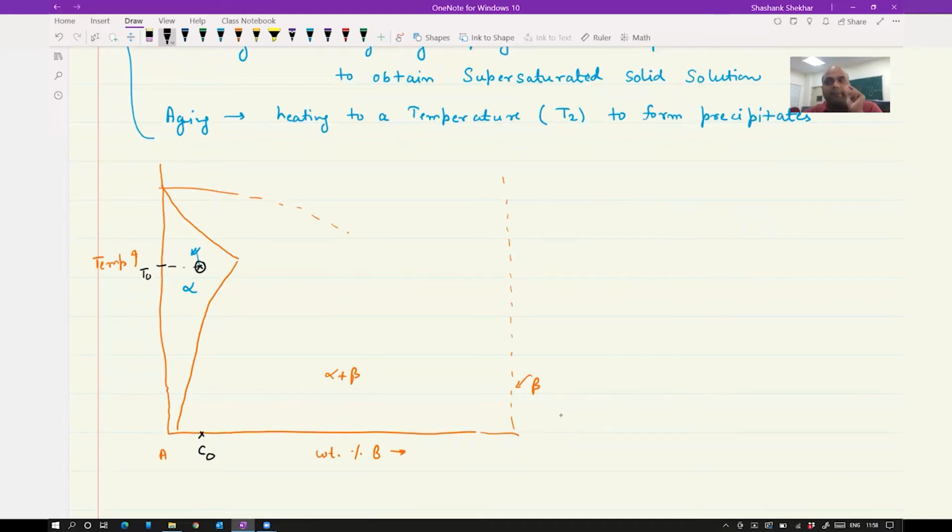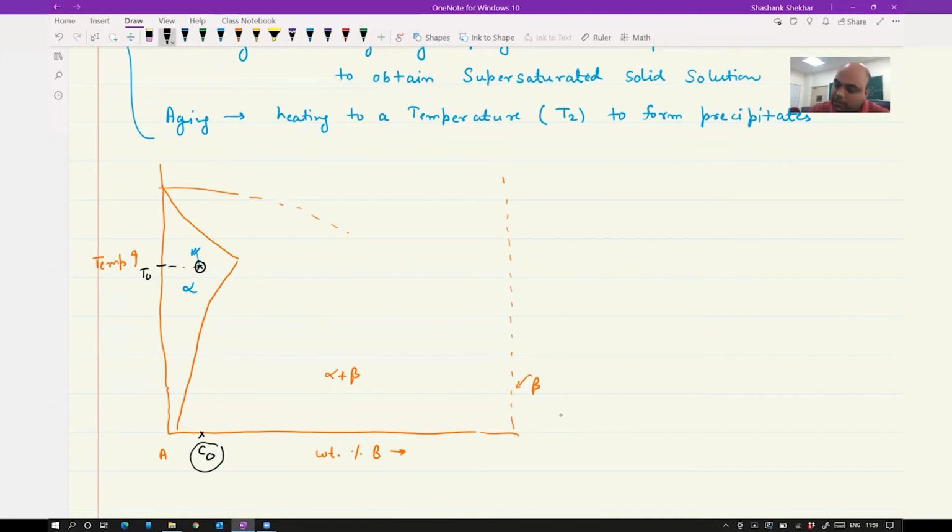So you had a sample which contained a two phase region, beta was also there, right? So what you are going to do, you are going to heat the sample to a temperature of T naught, and the composition of this alloy is this, right? So at that particular temperature and for this particular composition, you are going to obtain a single phase region which is alpha. Okay, and you have dissolved all the precipitates. That's what I wrote also before, for solution treatment.